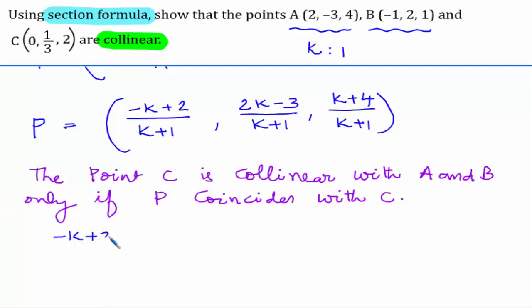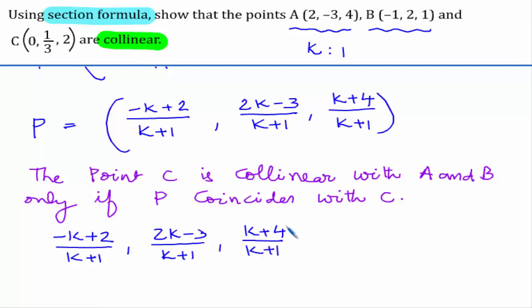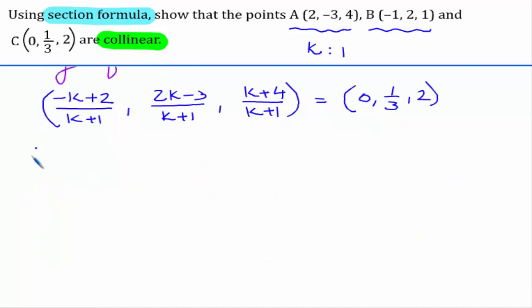Minus k plus 2 by k plus 1, 2k minus 3 by k plus 1, k plus 4 by k plus 1, this is point P, should be C, that is 0, 1 by 3 and 2. Now minus k plus 2 by k plus 1 is equal to 0.